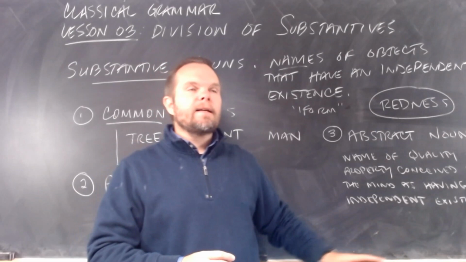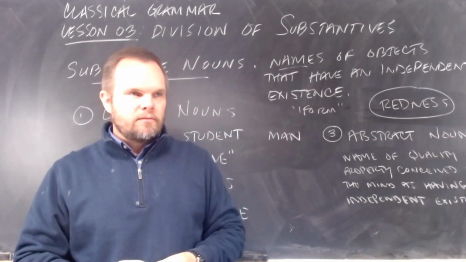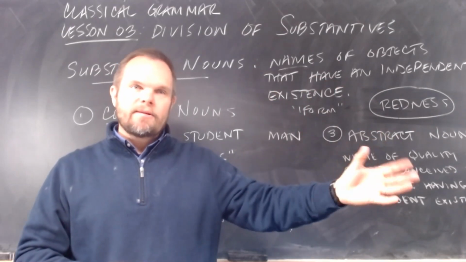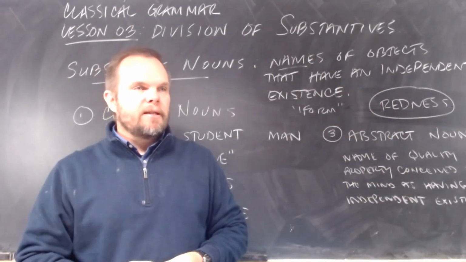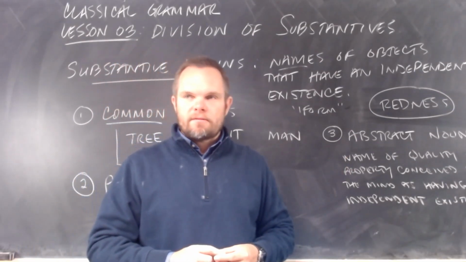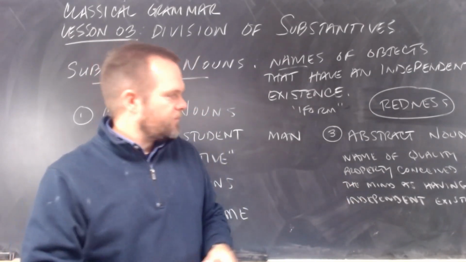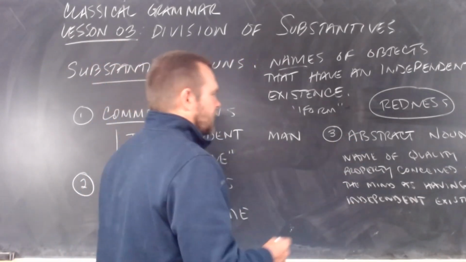Nouns that are not abstract. So we have abstract nouns and something else. What do you think the other kind of noun is that's not abstract? Abstract and concrete, just like arithmetic. So the other kind would be concrete nouns.